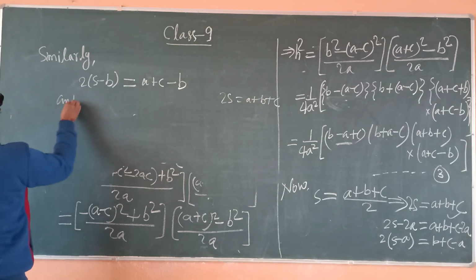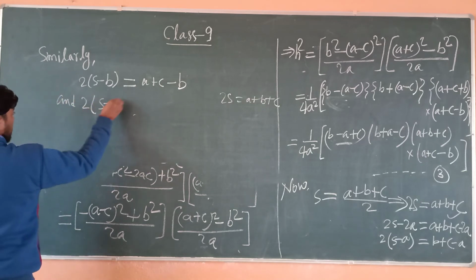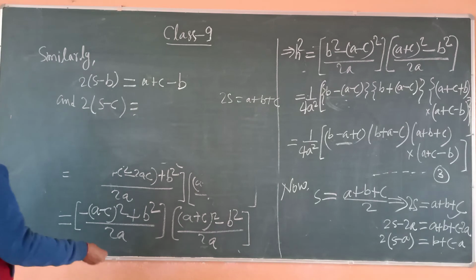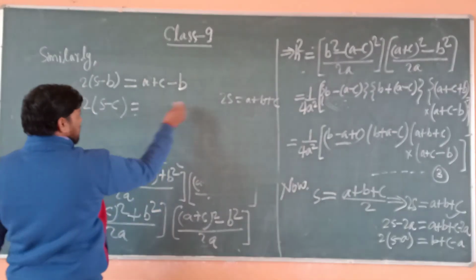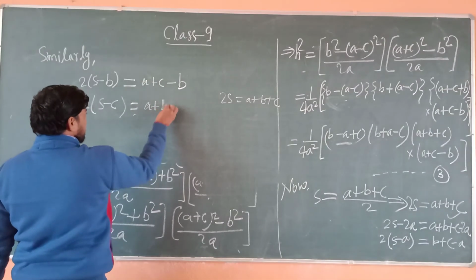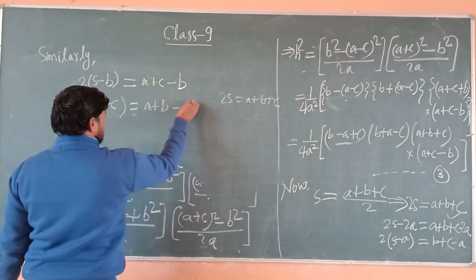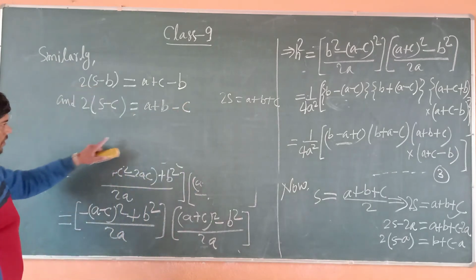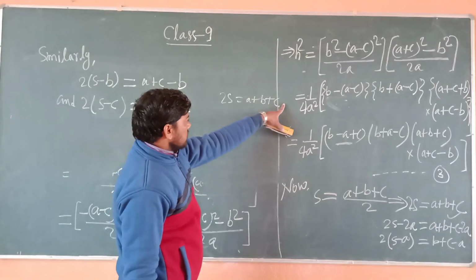And 2 into s minus c is equal to a plus b minus c.